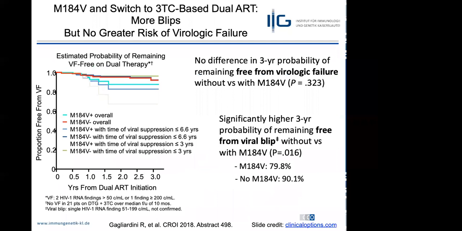So in treatment-naive patients, we do hardly see this mutation, because wild-type virus replicates much better than these mutant viruses. So for the 2 drug regimens, it was quite surprising to learn that even the pre-existence of this mutation was not correlated with virological failure. In this study, it was shown that in patients carrying HIV with this drug-resistant mutation, we do see more blips, but we don't see virological failure related to the pre-existence of these mutations.